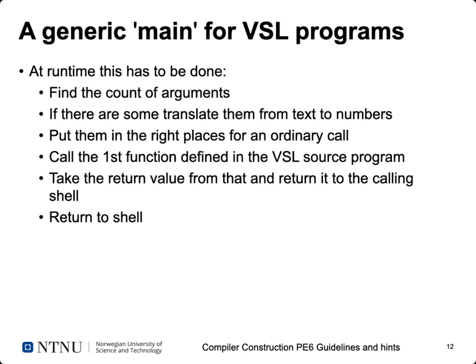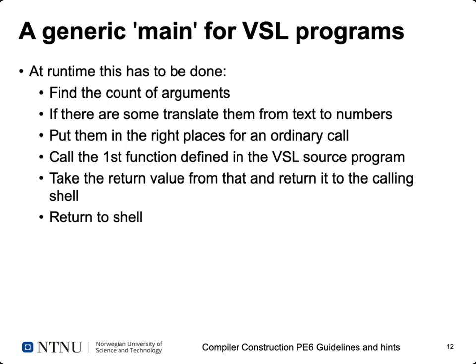So if we want to build a generic main for VSL functions, we built a bit of this already for you in our skeleton code to make life a bit easier. What we have to do at runtime here is find the argument count, argc. If there are actually arguments, we have to translate them from text to numbers, because we don't have any text data types except for static strings here.